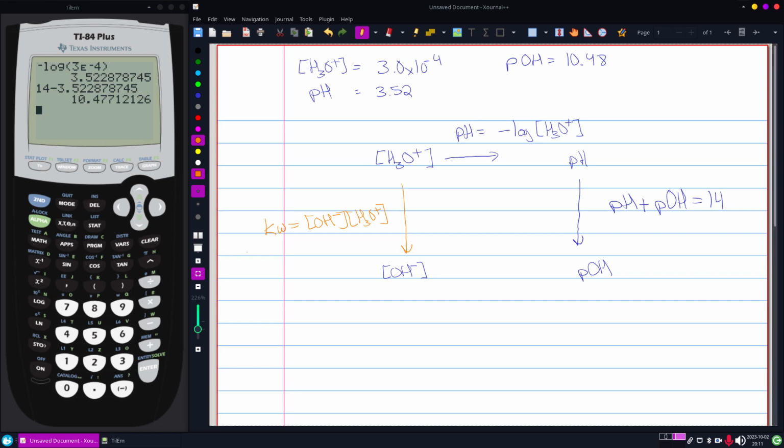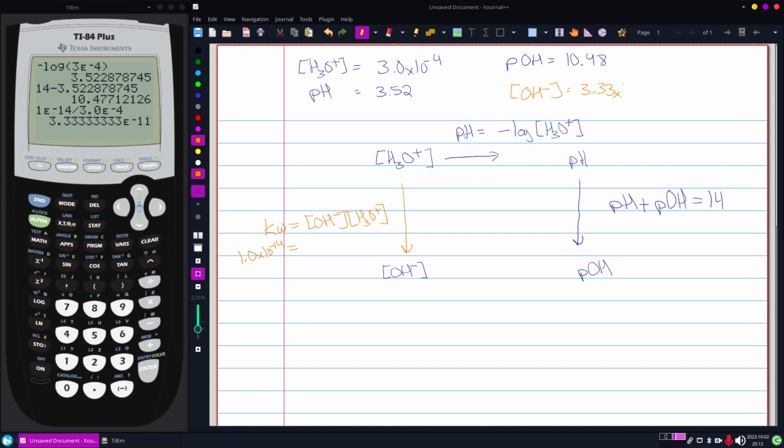And Kw is 1 times 10 to the negative 14th. So if I take that 1 times 10 to the negative 14th and divide it by, in this case, the H3O concentration of 3 times 10 to the negative fourth, we get something like 3.33. I'll put that here.